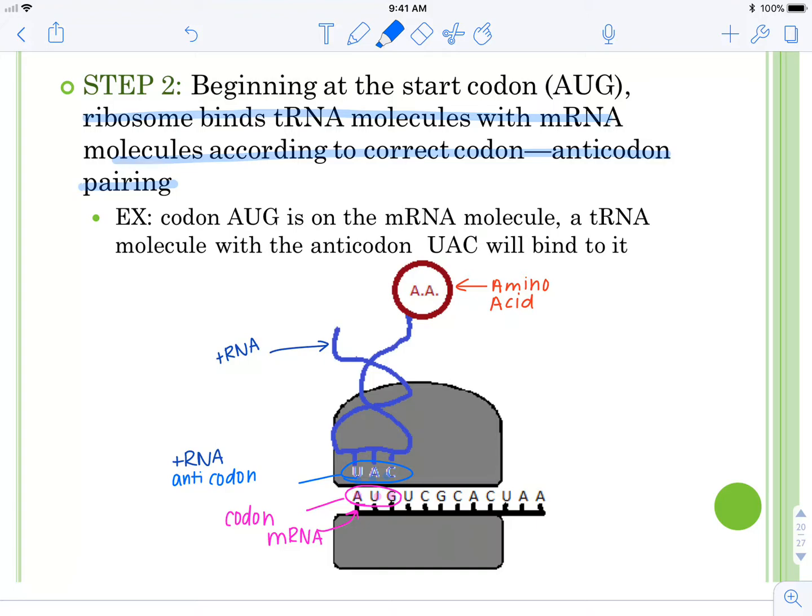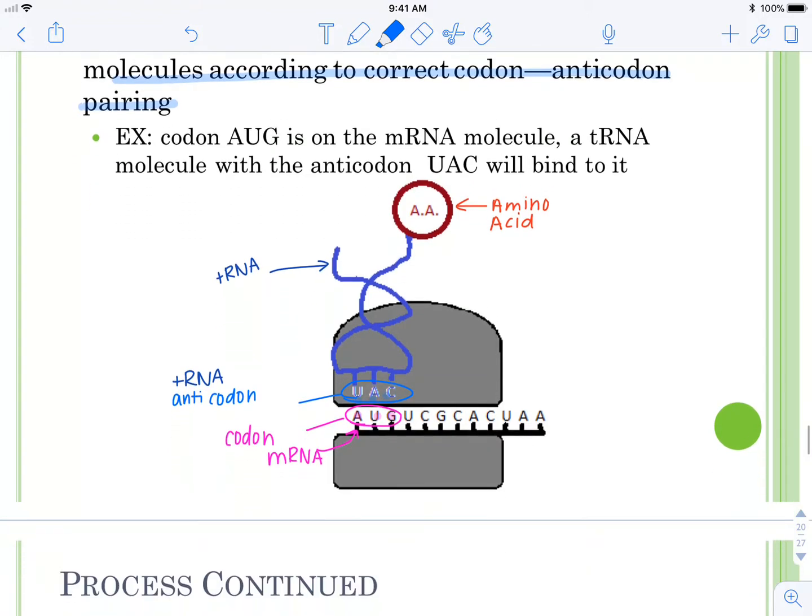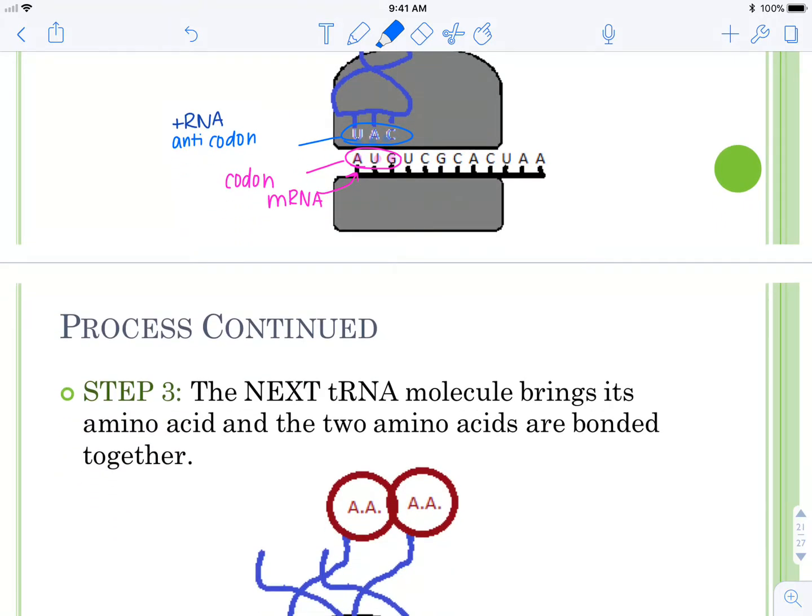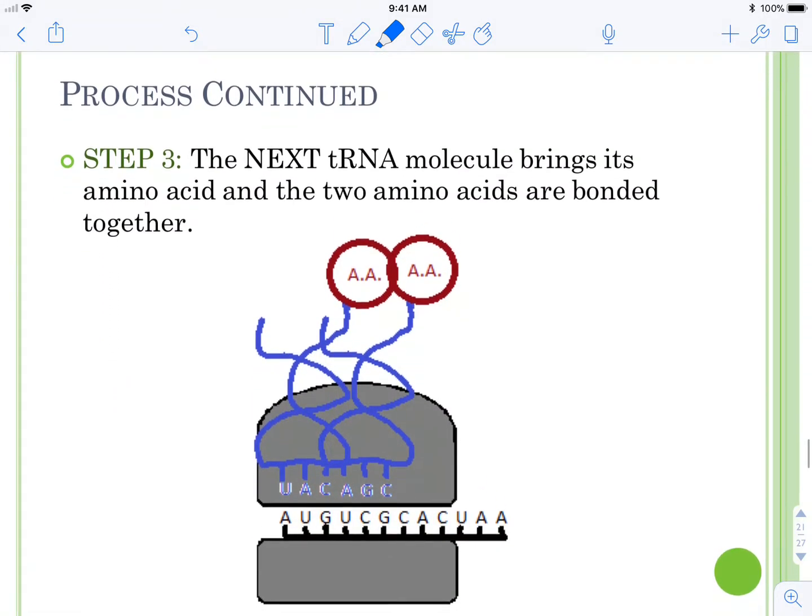That's step 2, this idea that we're binding this tRNA temporarily to the mRNA based on those opposite base pairs and bringing the amino acid over. Pause it again if you need to.